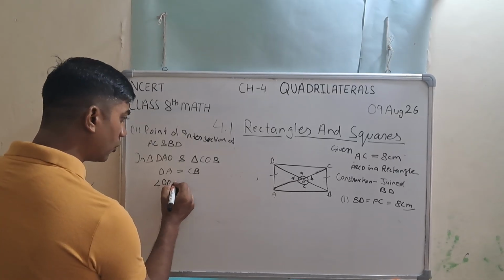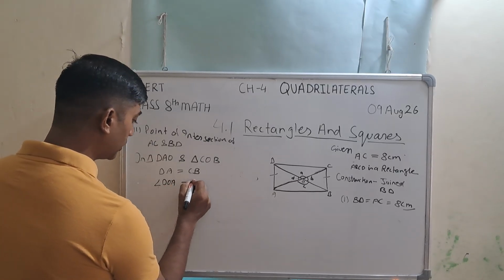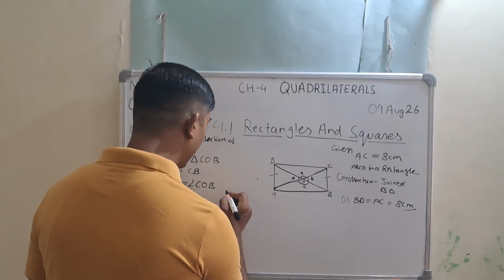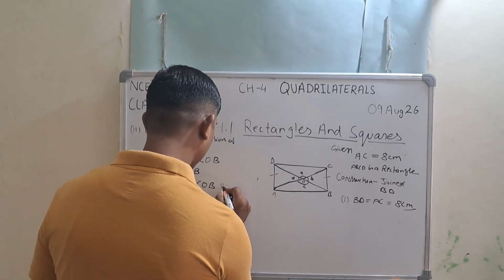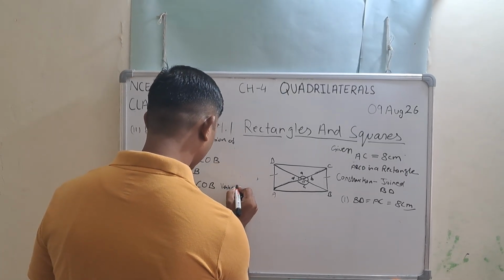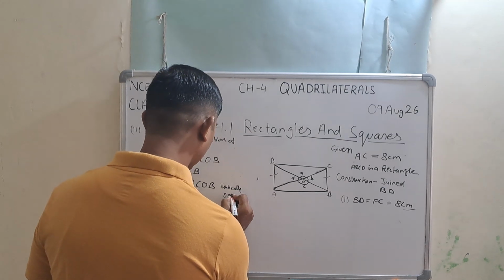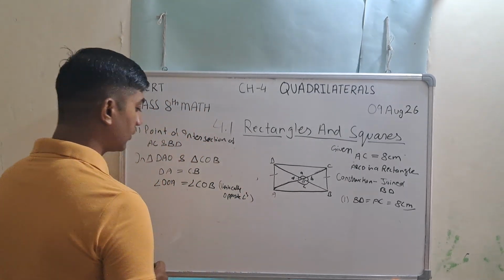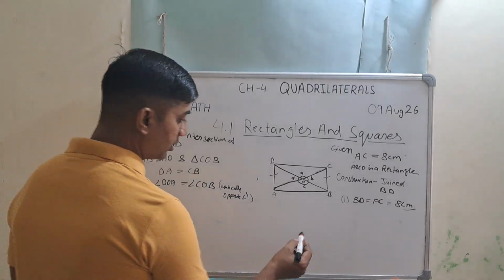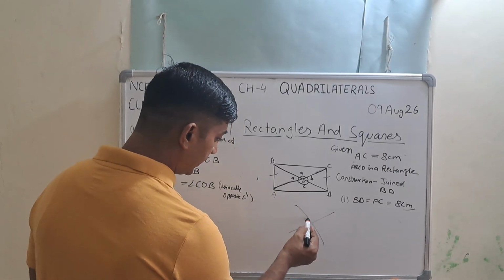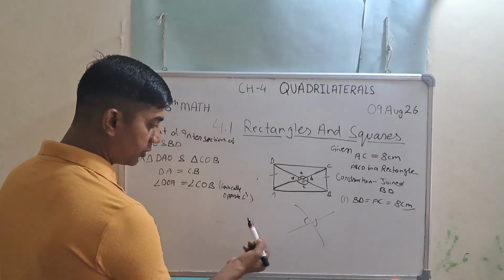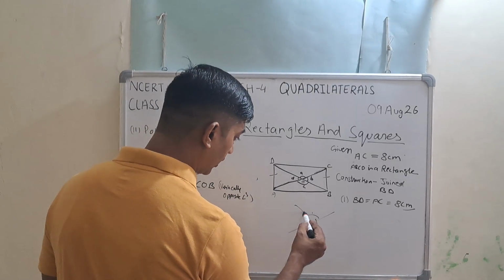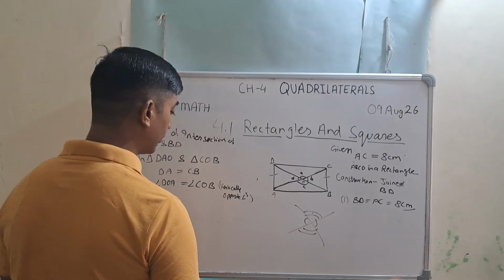Angle DOA is equal to angle COB by vertically opposite angles. When we draw any figure, these two angles are always equal because they are vertically opposite angles.